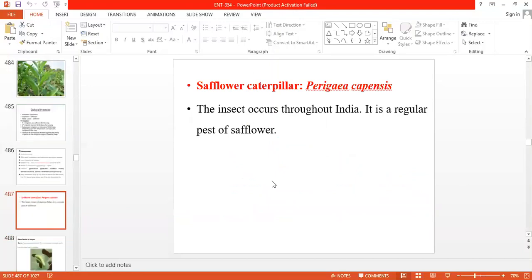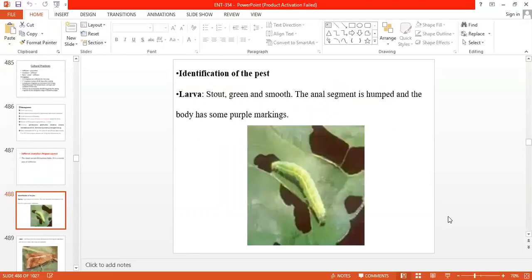Next pest of safflower is the safflower leaf eating caterpillar, Perigea capensis, family Noctuidae, order Lepidoptera. The insect occurs throughout India. It is a regular pest of safflower.